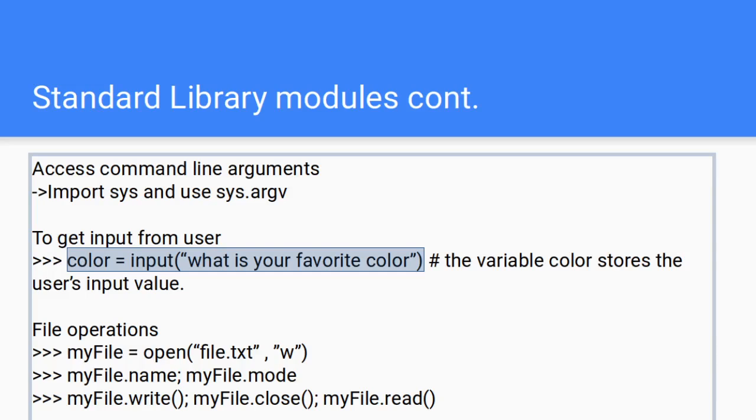Now if I type in red, now if I type in color, red won't do anything. Now the color is red. I could also say print color. But if we're inside of the interactive interpreter, then we can just assume that we want to print it out.